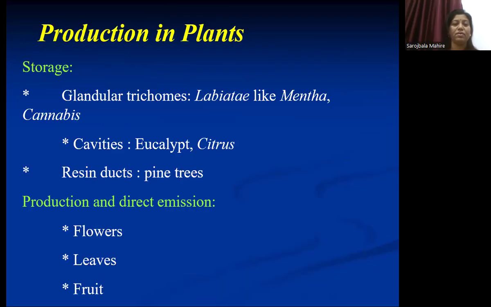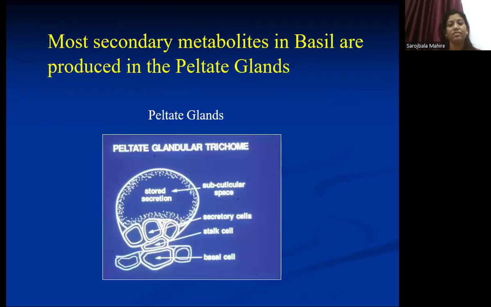Discussion here. Production in plant storage, glandular trichomes, Labiatae like Mentha, cannabis, and also citrus, in the pine tree production, and direct emission in the flower petal tips. The most critical metabolites in the basil are produced in the cell tip gland.